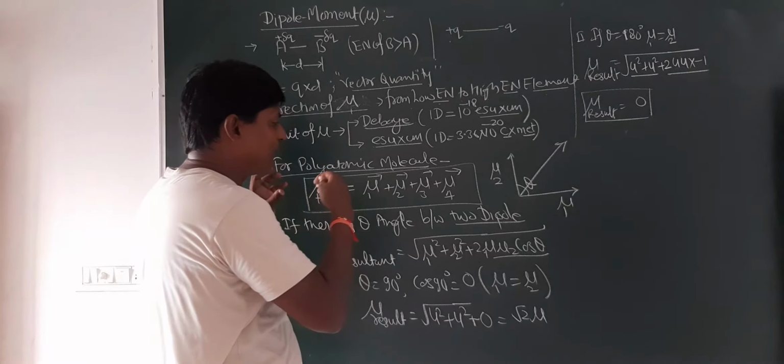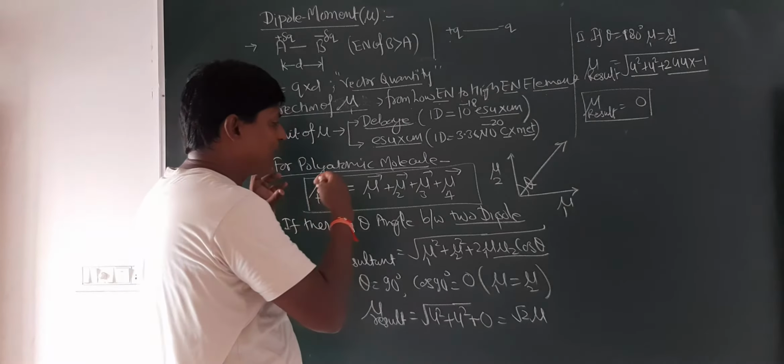Yes, towards the lone pair. So it's a very important point to note down that if a lone pair is present at the central atom, then the direction of dipole will be from the central atom to the lone pair.